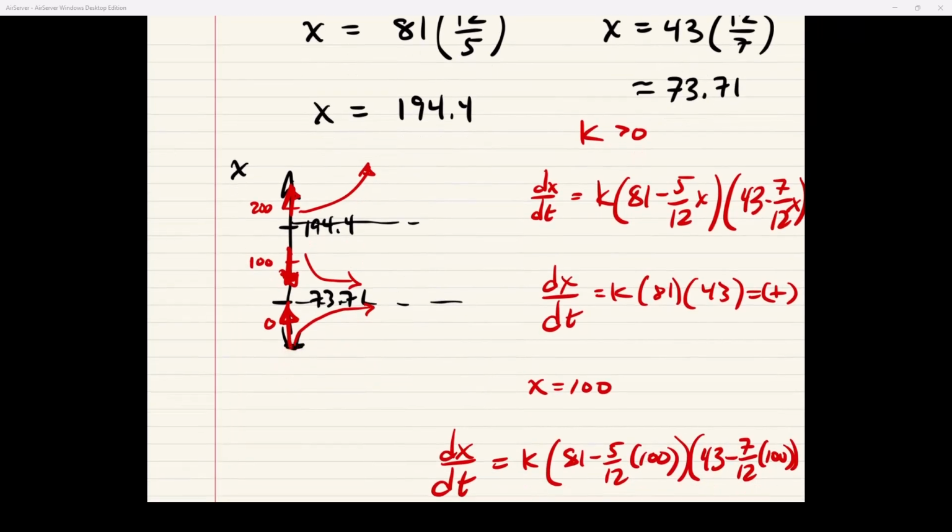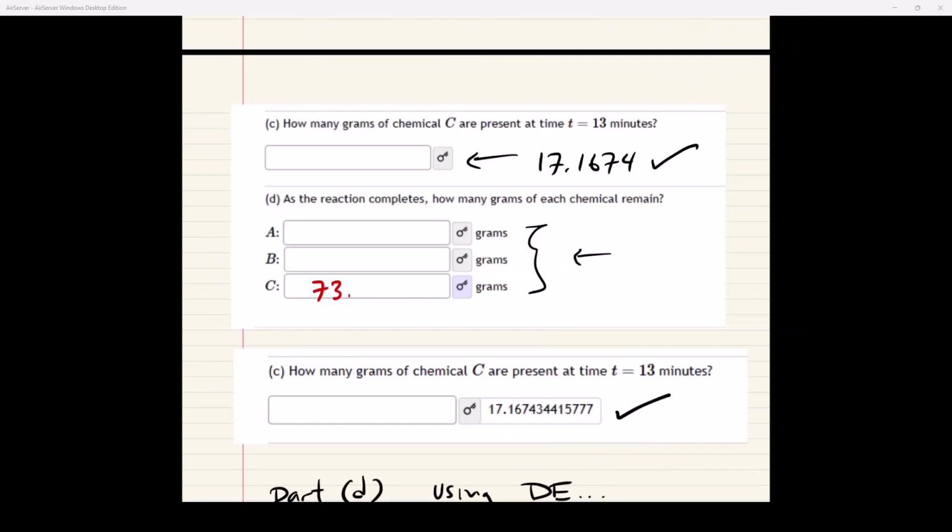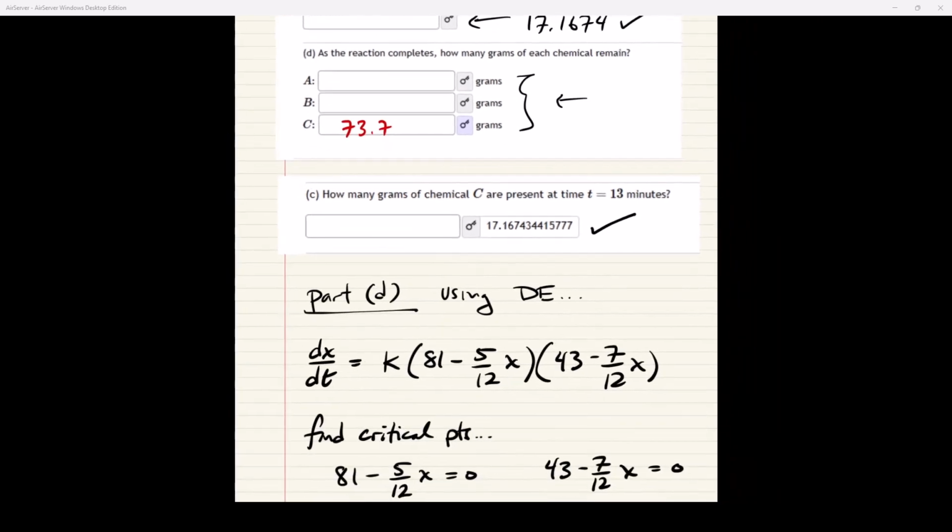So all I really needed to know was that x was going to approach 73.7 over time. So to go back and answer this question, I can see that C is going to approach 73.7 because that's the lowest of the critical points. If you started at 0, you're going to approach that value. Once I know that C approaches 73.7, we can now go back and plug in 73.7 for each of these factors to see how much of A and B remains, right?